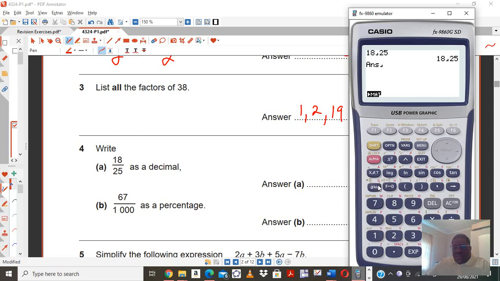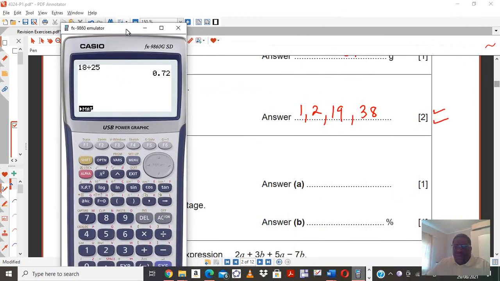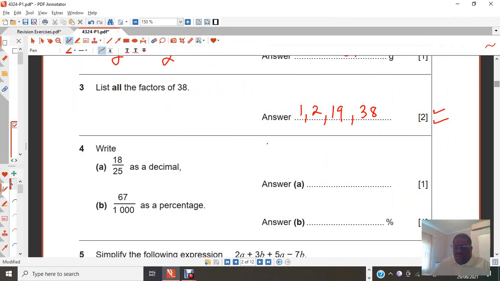You get 0.72. So you can't go wrong there. Again, an easy mark that you can get.